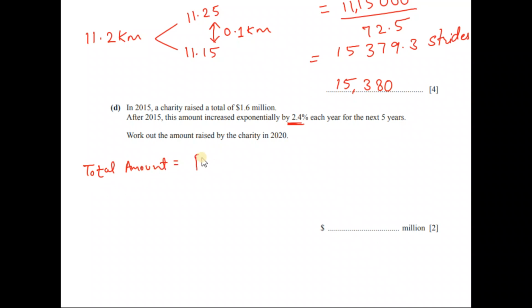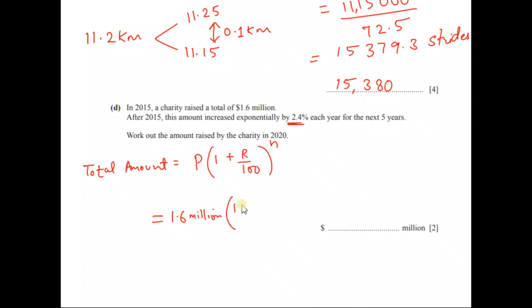It states total amount equals principal amount times 1 plus rate over 100, to the power of n, which is the time, the number of years. So we can easily work on this.